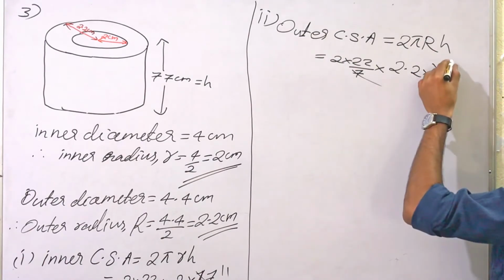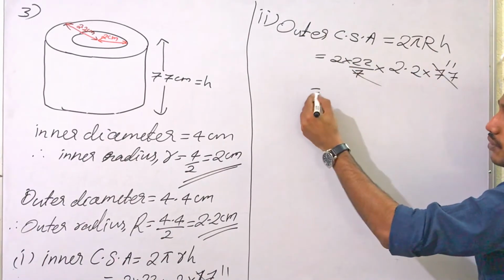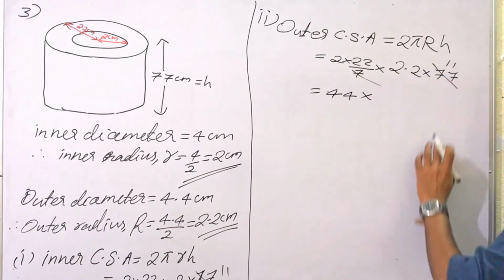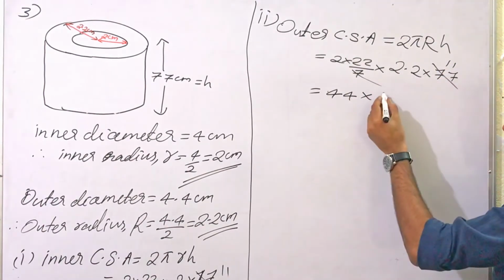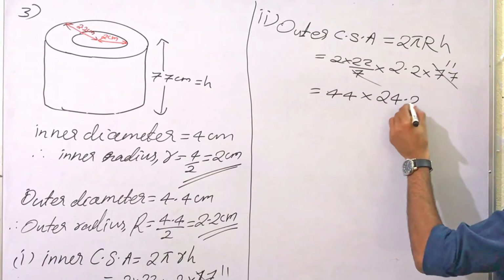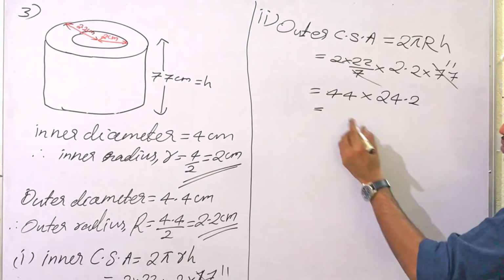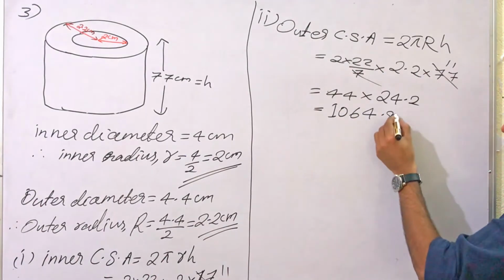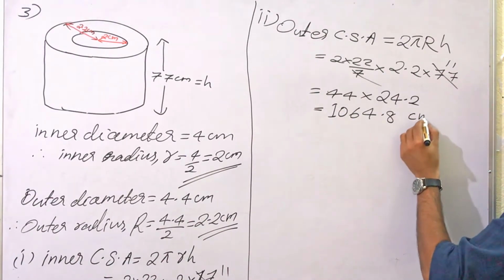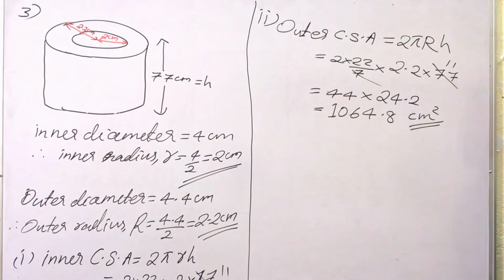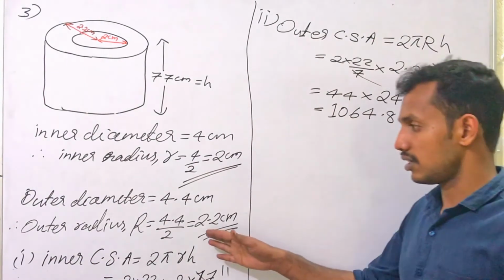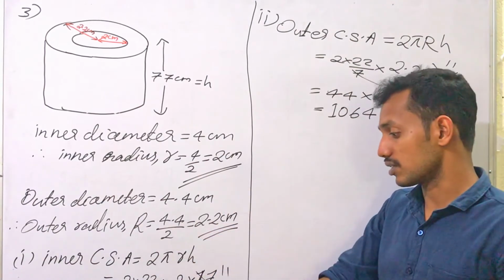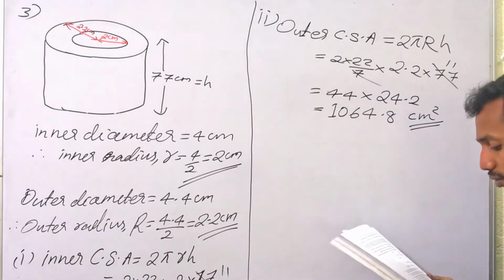Same as we did in the previous case. 2 into 22 is equal to 44 into 2.2 into 11 is equal to 24.2, which is equal to 1064.8 centimeter square. This is the outer curved surface area, and this is the inner curved surface area. Clear? Now come to the third question.